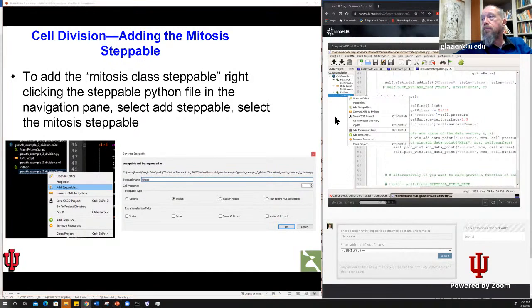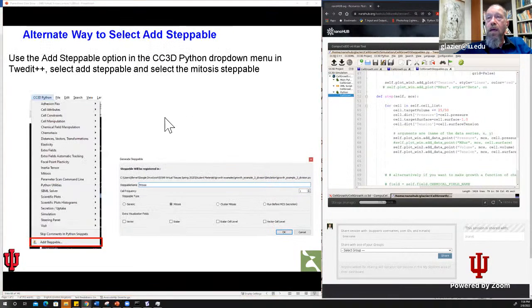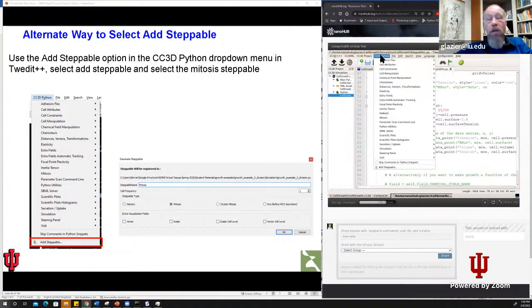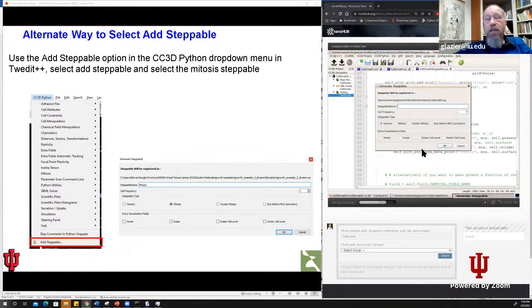Or I can go to the Python drop-down menu that I'm used to using and go to the very bottom and click Add Steppable. And that will pop up a window.